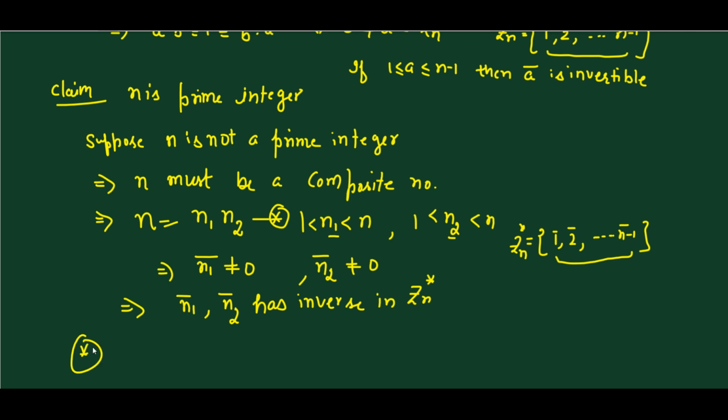Star implies the class of n is equal to the class of n1 times n2, and this implies again the class of n1 times the class of n2 is equal to the class of n, and we know that the class of n is nothing but the class of 0, because in modulo n all multiples of n are treated as 0.